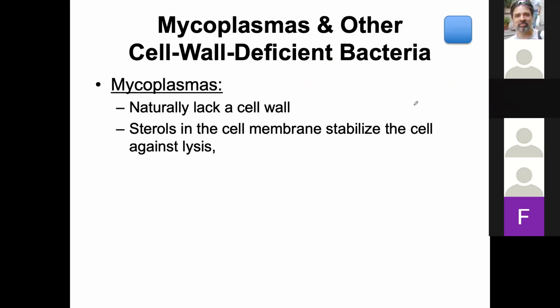Mycoplasmas naturally lack a cell wall. They contain sterols, which stabilize the cell against lysis.